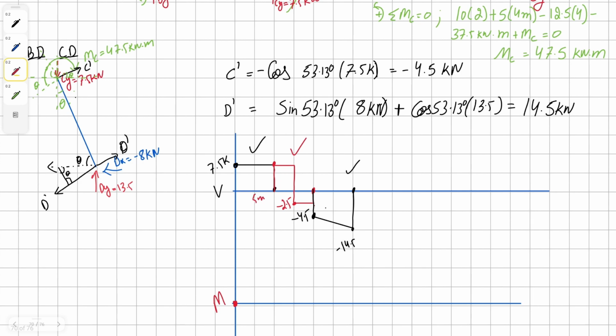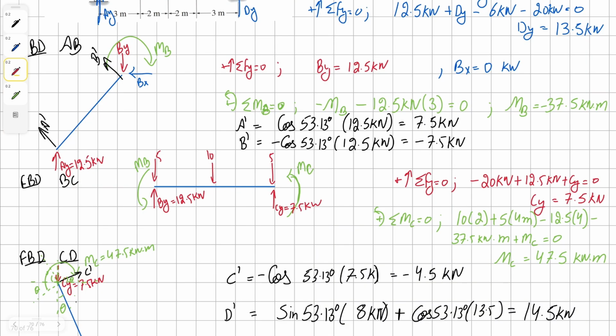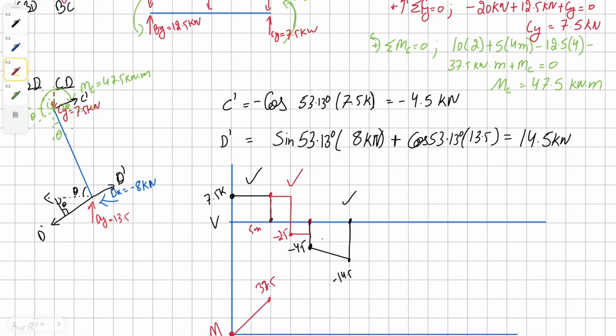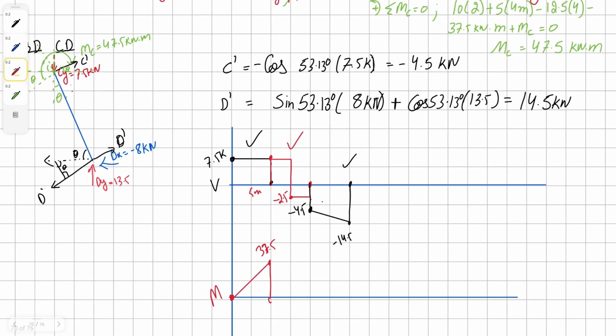So 7.5 times 5 is 37.5. So we're going to go upwards 37.5, and from there we have moment B, which is counterclockwise, going to bring us down to the 0 mark. That means this calculation is correct as well.